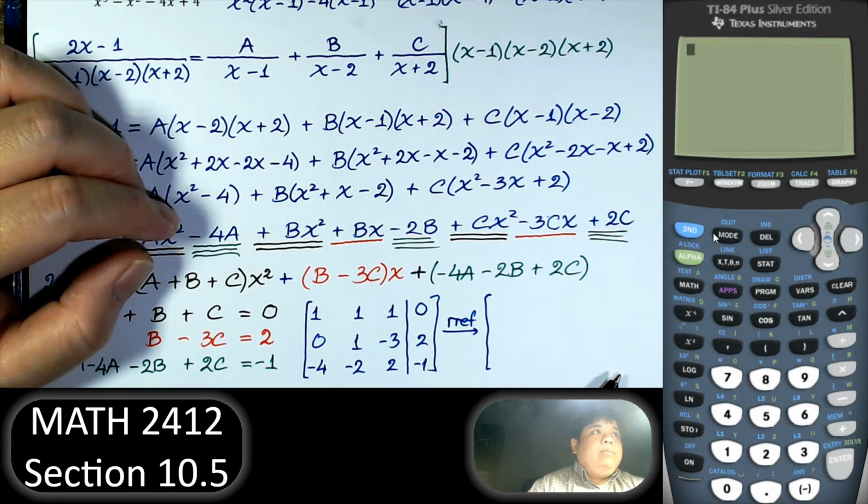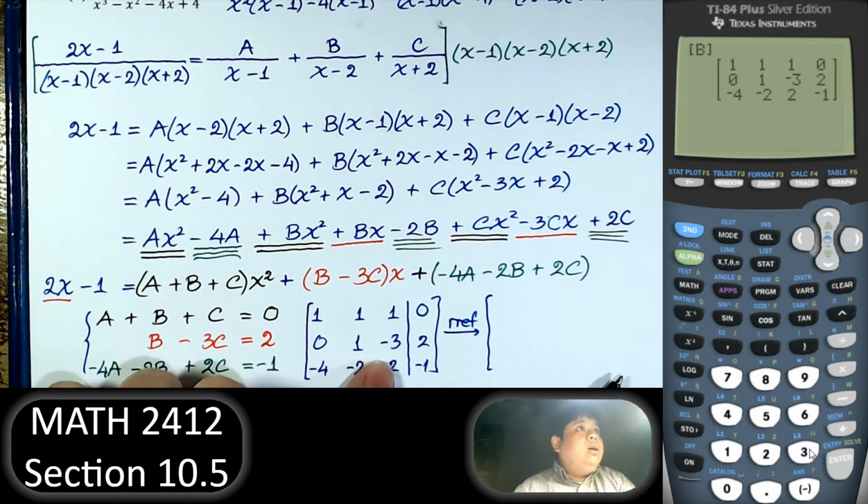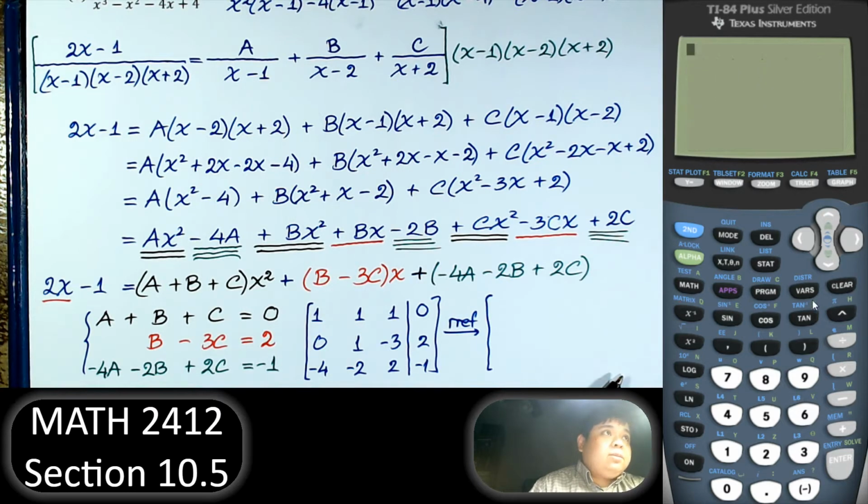Let's check again. Second matrix. Let's go down to matrix B. Right, enter it correctly. Now we just go to second matrix, reduce row echelon form, and apply to matrix B. Okay, convert to fraction.